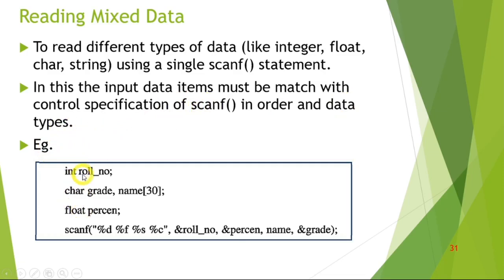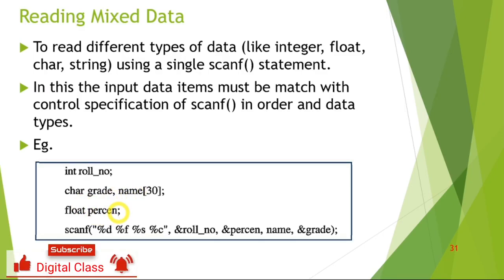So the example given here is int roll number, character grade, then name of size 30. Here 4 types of data types are given. So let's check one by one.